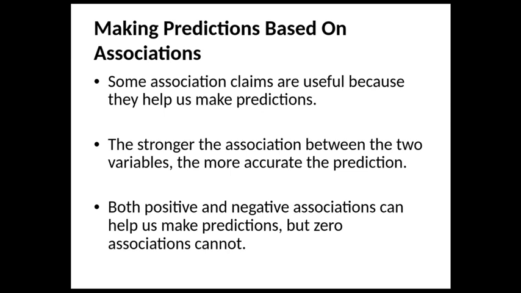So don't think just because it's negative it means bad or it's worse than positive. It's just not true. So these association claims, again, correlation does not imply causation, but they help us to make predictions. If you're between 0.8 and 1 or negative 0.8 and negative 1, the stronger the association between two variables, the more accurate the prediction is.